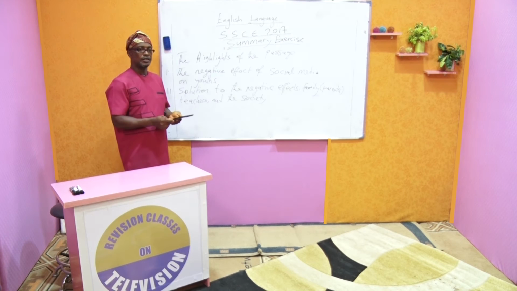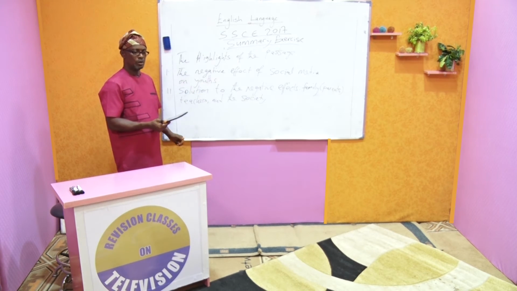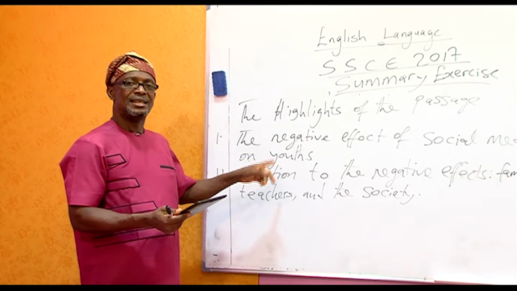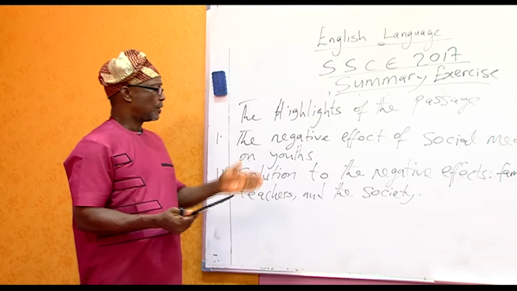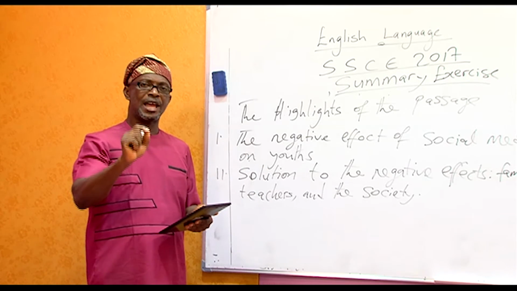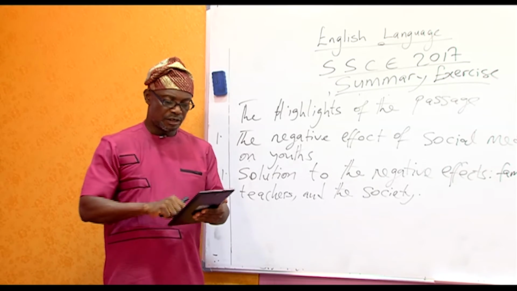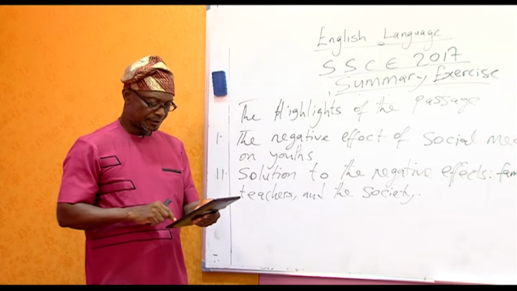If you go through the question, these are what the question is requiring of you. Being able to identify these highlights from the passage. And when you are able to do it, you are sure on the right way to give the right answers.